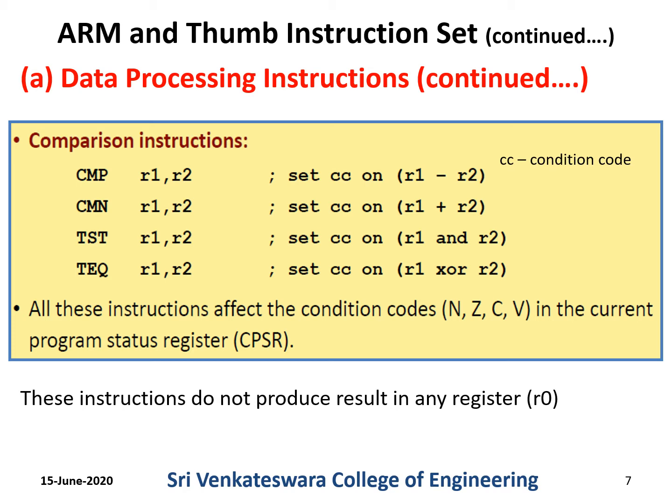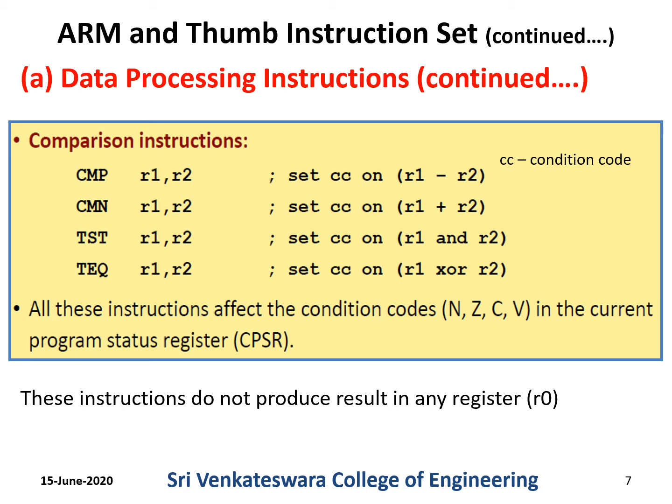So internally when the processor does R1 minus R2, these condition code flags will reflect the result of that operation, and the compare instruction is actually changing the flags alone. It doesn't produce any results in any of the registers.